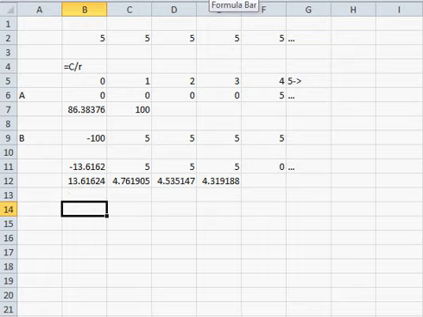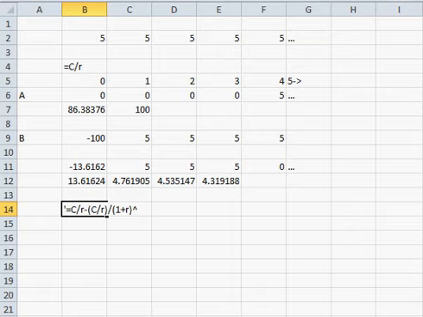So that formula looks pretty simple. It's just coupon divided by rate minus the same thing, coupon divided by rate, only this time it's discounted by, so that whole thing divided by 1 plus r to the n, or t, however many years, however many payments we're going to get.